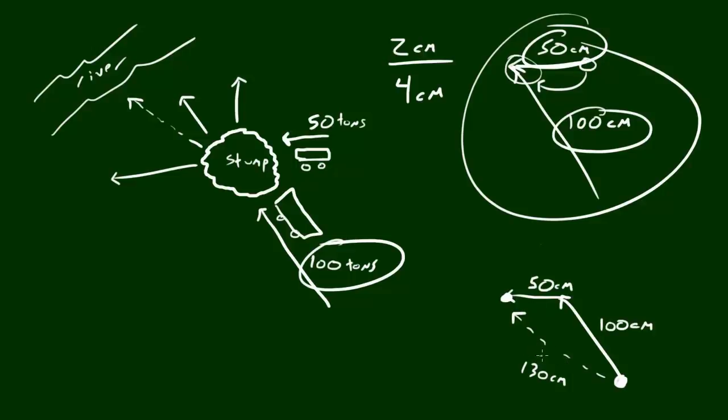Now this new arrow's distance is equal to the force, which would be 130 tons. Not only is the distance equal to the force, but the new direction is equal to the new direction of the force. So if we ended up with an arrow this way, then the force would be going this way.